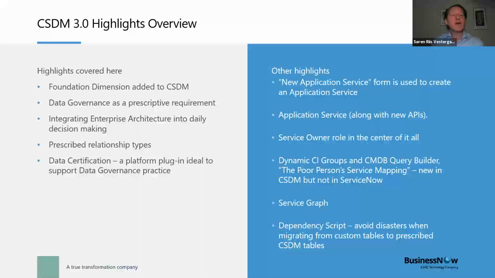And the final one has nothing specific to do with the common service data model, sorry, but data certification is actually a platform plugin in ServiceNow available to all customers, which is ideal to support data governance practice.